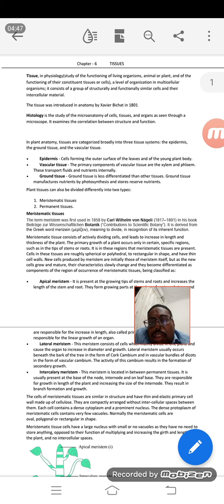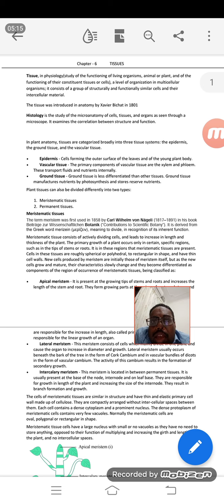First we will discuss what tissues are present inside the plant, then what tissues are present inside the animal, and what their functions are. Inside the plant there are mainly two types of tissues: one is known as meristematic tissue and another is known as permanent tissue.